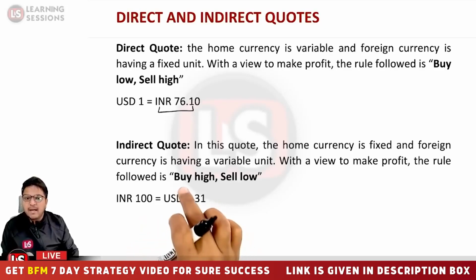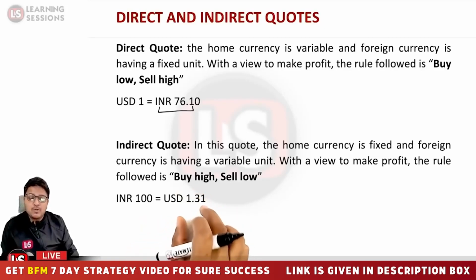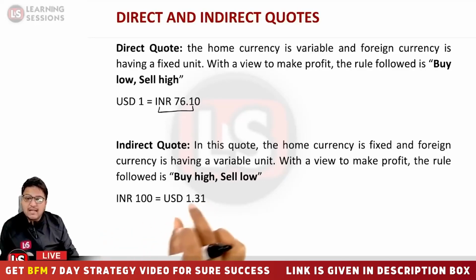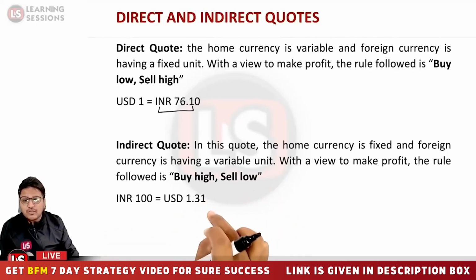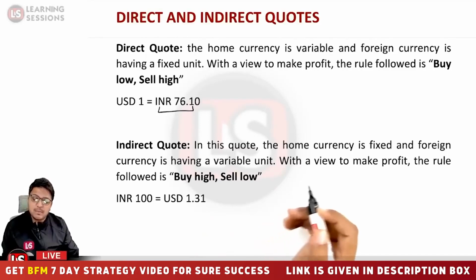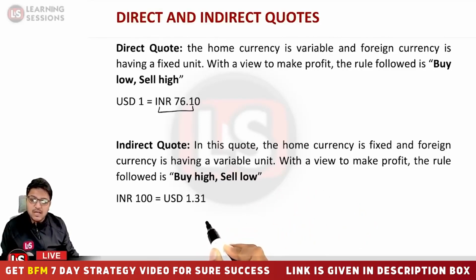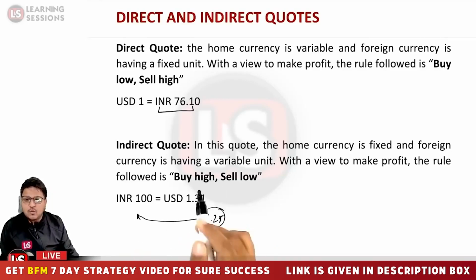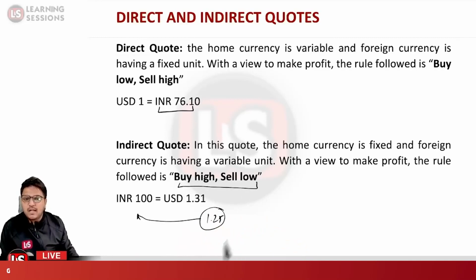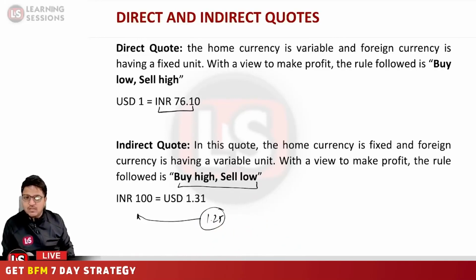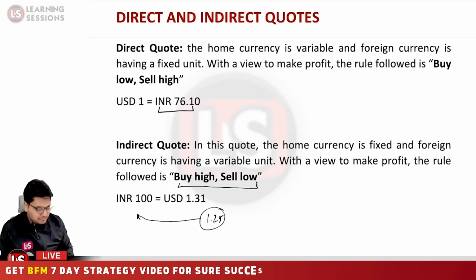So it means buy high, where you are getting 1.31 USD for rupees 100, and sell low when you have to sell. Let us take the case that USD prices have risen. You have to sell 1.25 USD and you'll still be getting 100 rupees. That is the rule so as to make the profit. So it is buy high and sell low in case of indirect quote.